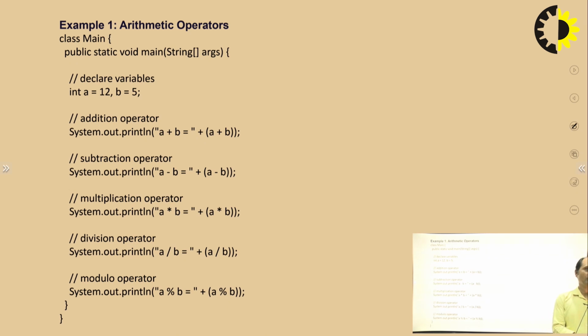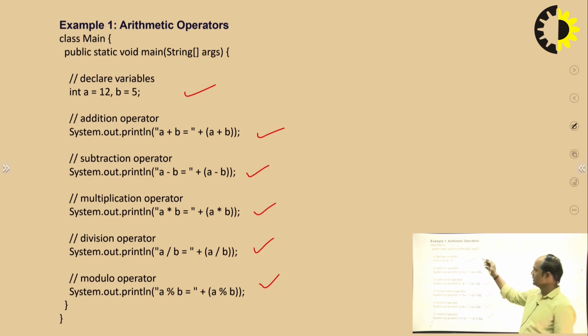Suppose we have a program like this: we create a class Main, define public static void main, and declare the variables a and b. We use the addition operator a plus b, then subtraction, multiplication, division, and modulus, and we can run this program.